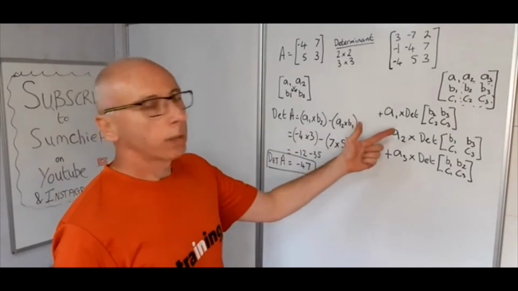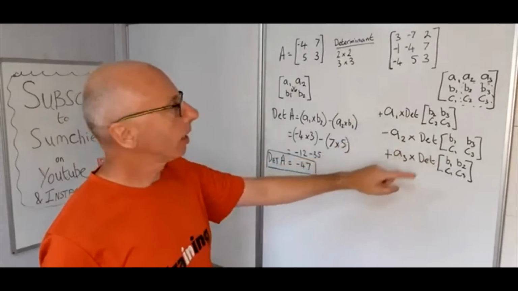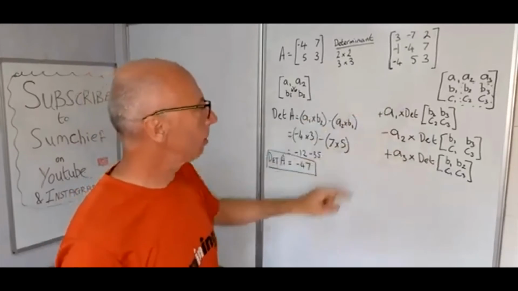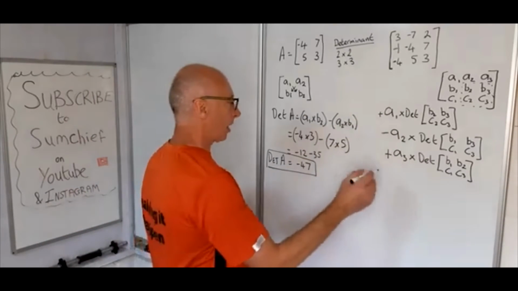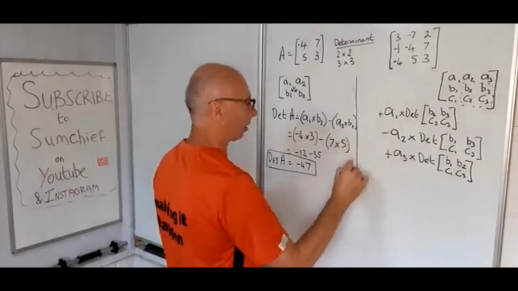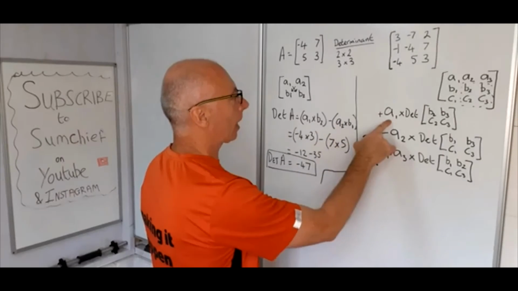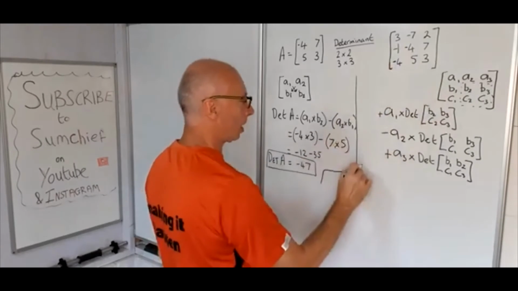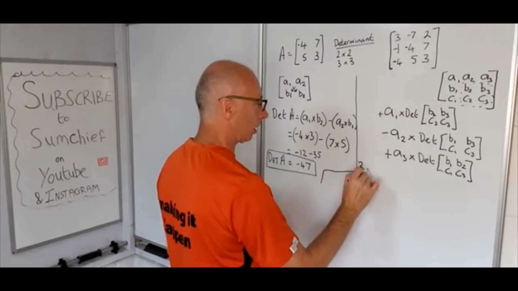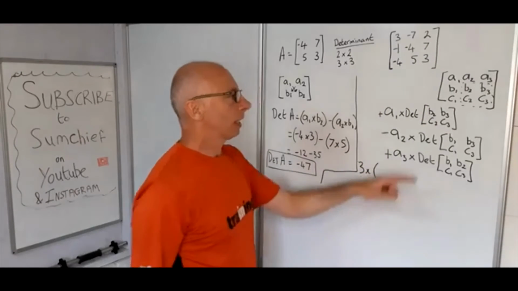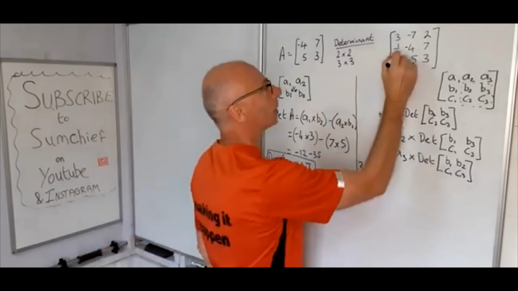So all we're going to do now is just follow this formula carefully, plug in the numbers and do the arithmetic on it. So let's do that. A1 is 3, so it's 3 times the determinant of this matrix here.